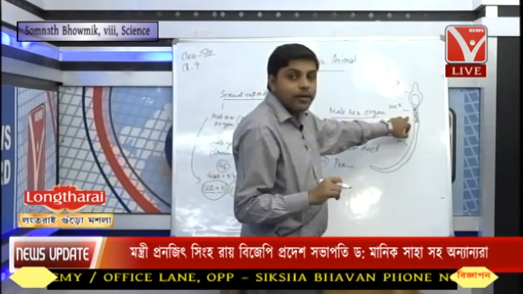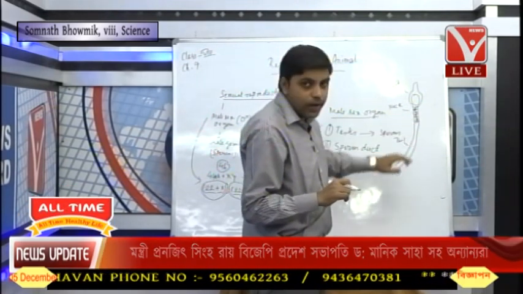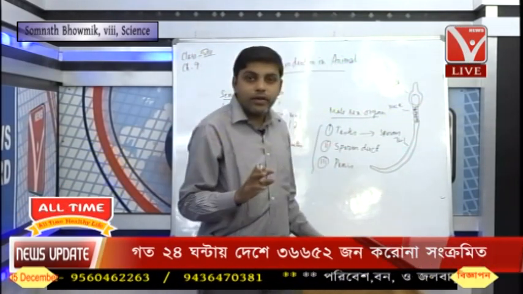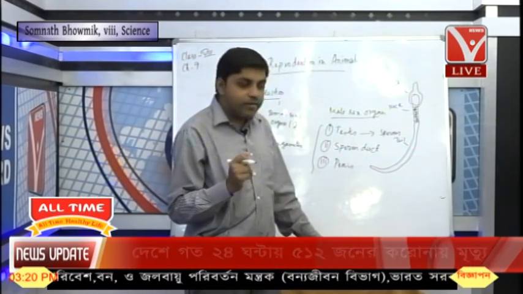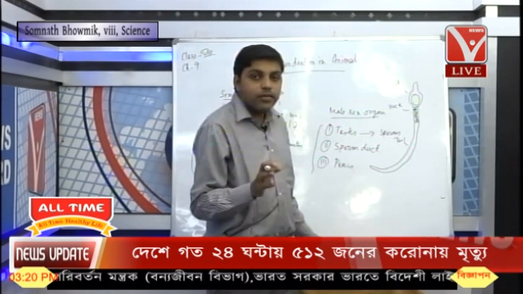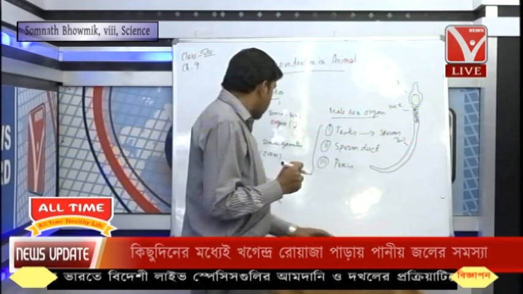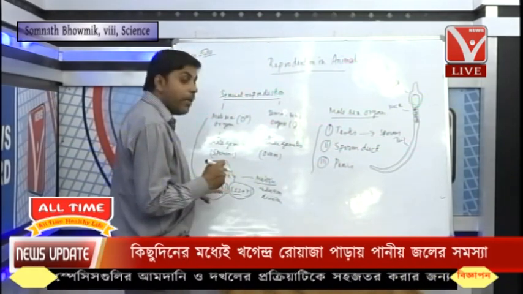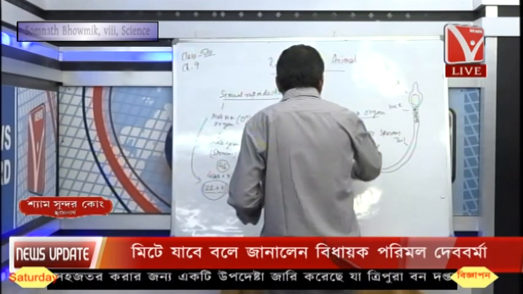The neck provides the energy, because the neck contains mitochondria. We already know that the mitochondria is known as the powerhouse of the cell. The mitochondria provides the energy, and through the tail it can swim. We will learn how it swims and where it swims. So this is the male sex organ. So I am erasing this part.